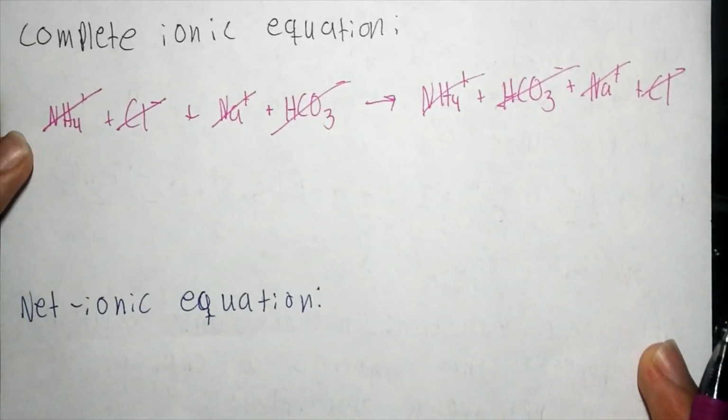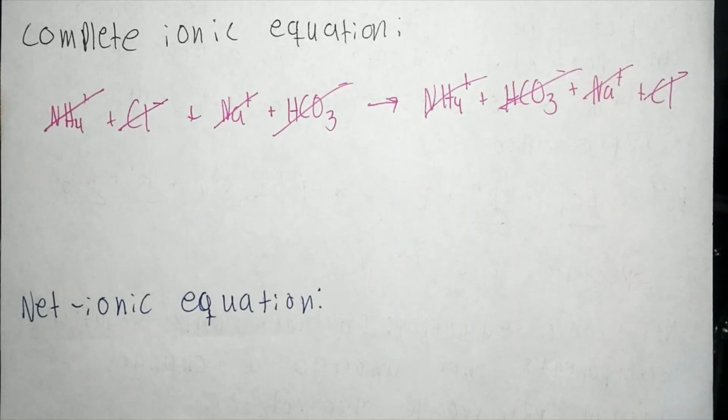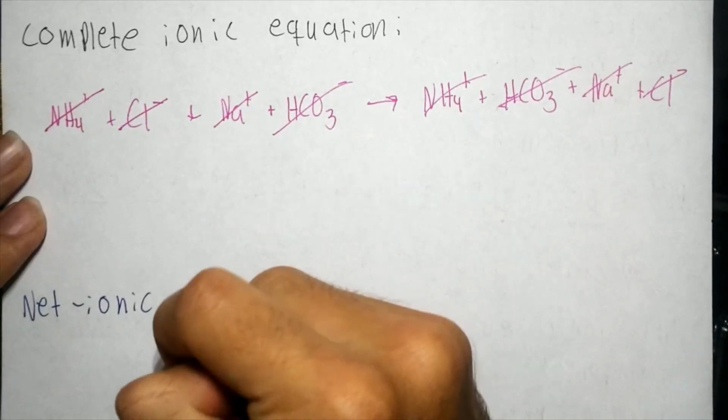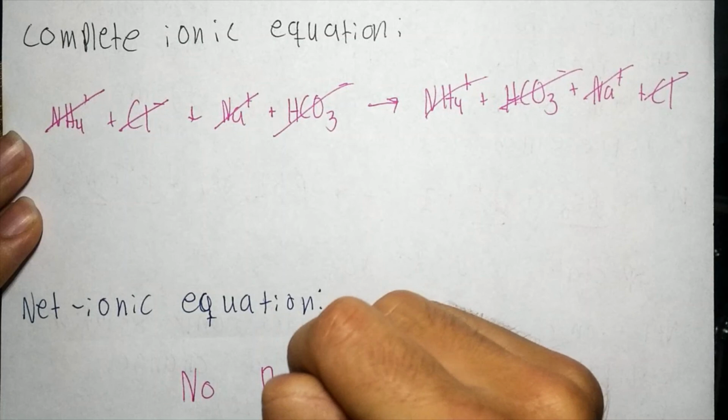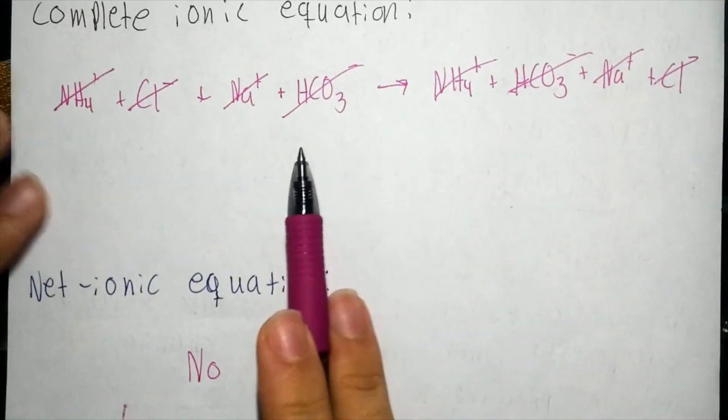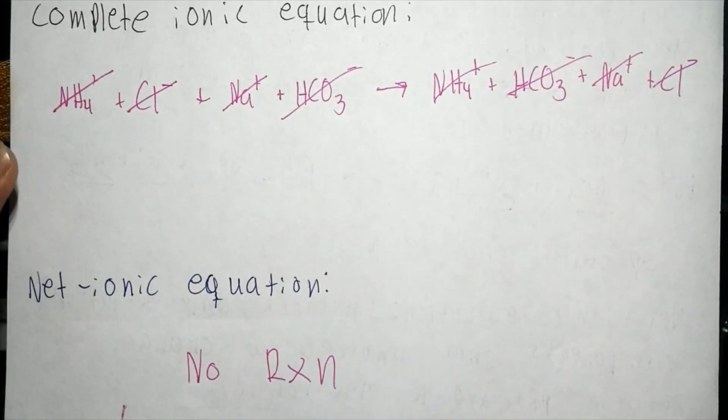So what that means for the net ionic equation is there is no net ionic equation. No reaction actually occurs. All of these are considered as spectator ions. So when everything in your mixture is soluble and no precipitate or weak electrolyte ends up forming, you don't have a net ionic equation to write because no reaction has actually occurred. Everything's just floating around next to each other.